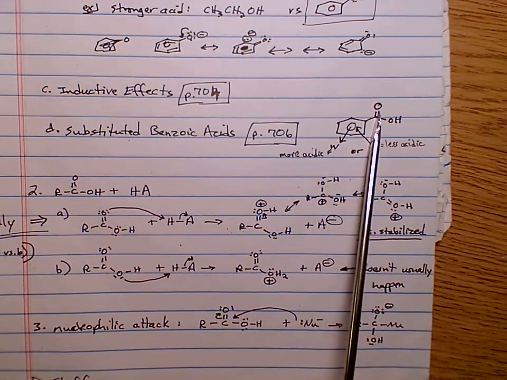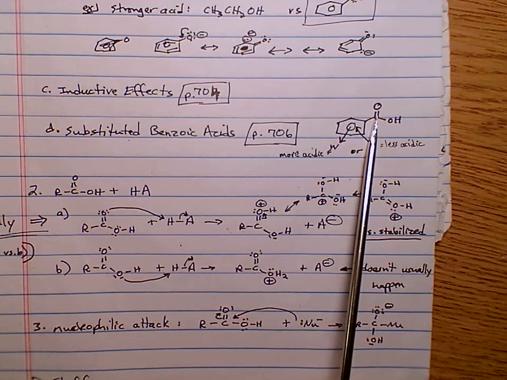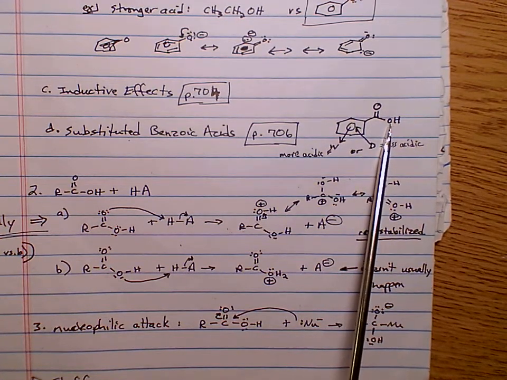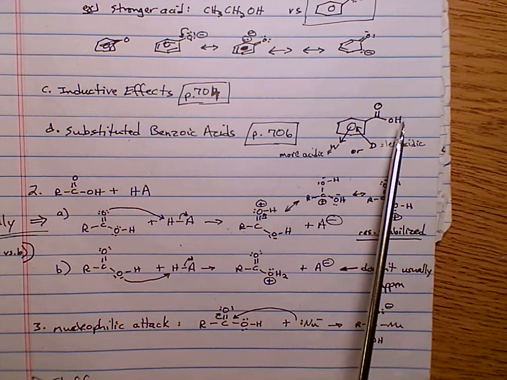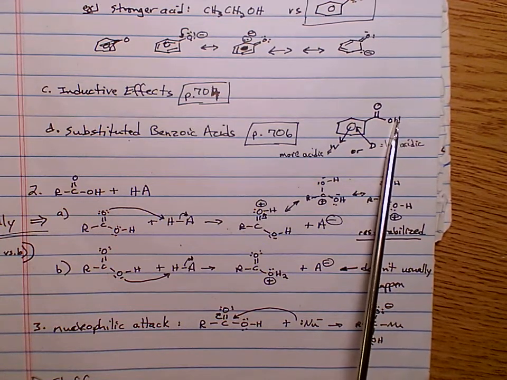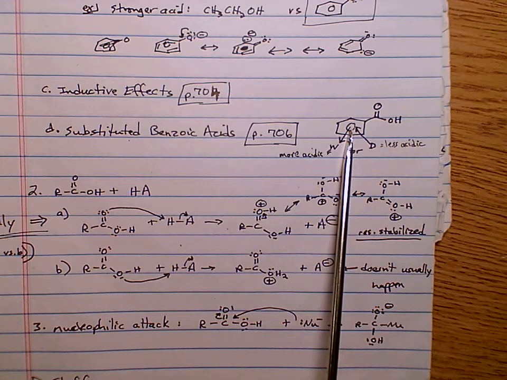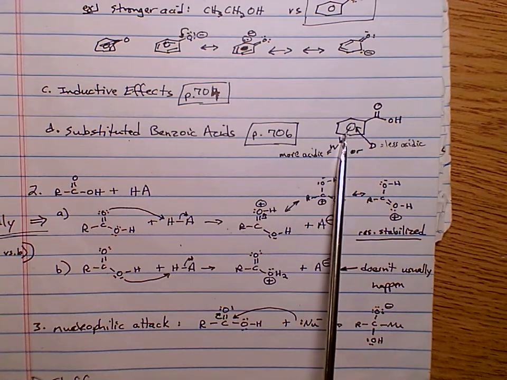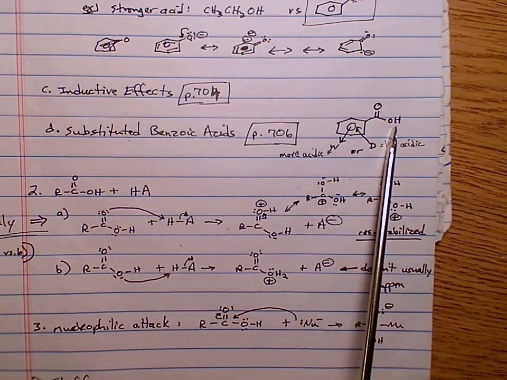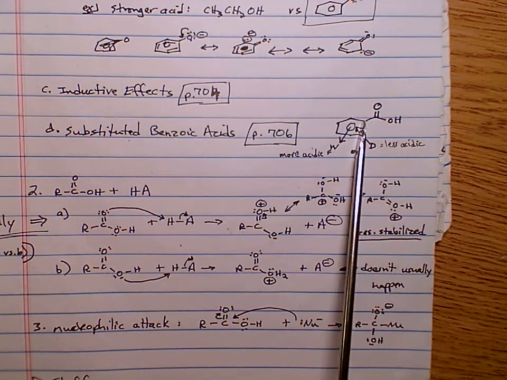Through inductive effects, they withdraw electron density away from the carbonyl, which draws electron density away from this oxygen, which draws away from the hydrogen, making this hydrogen more positive, making it more acidic. Electron withdrawing groups such as nitros and aldehydes and ketones on a benzene ring will make the carboxylic acid part of the benzene ring more acidic.